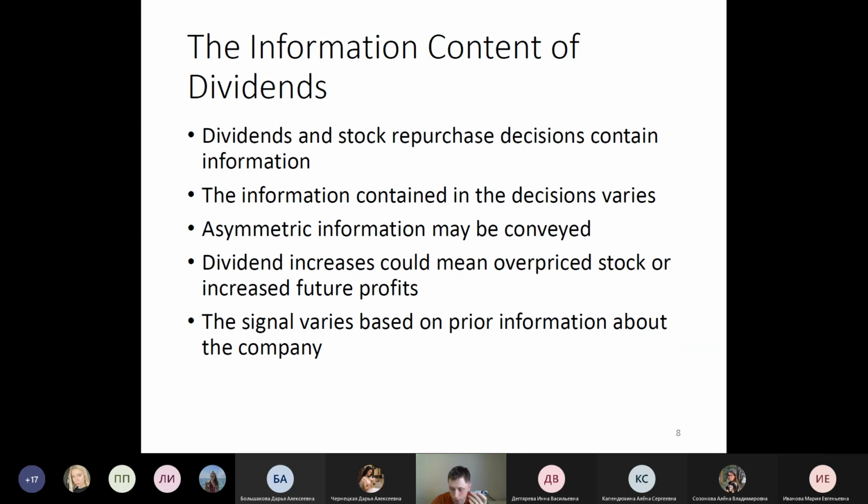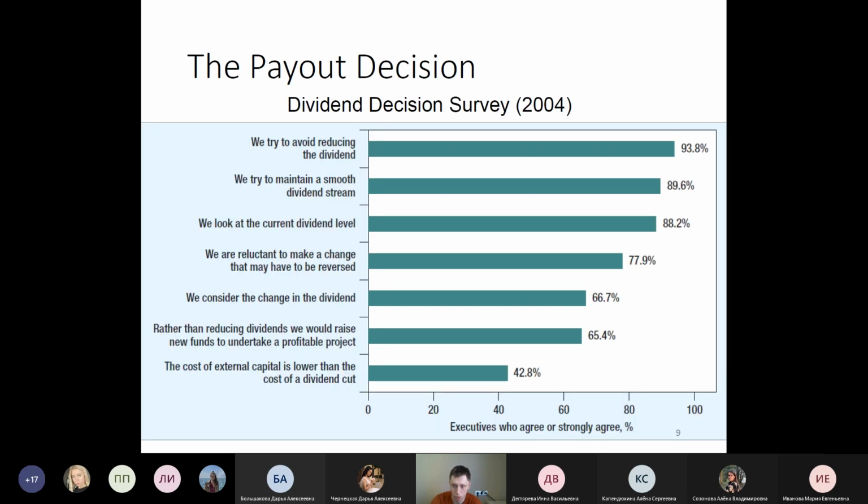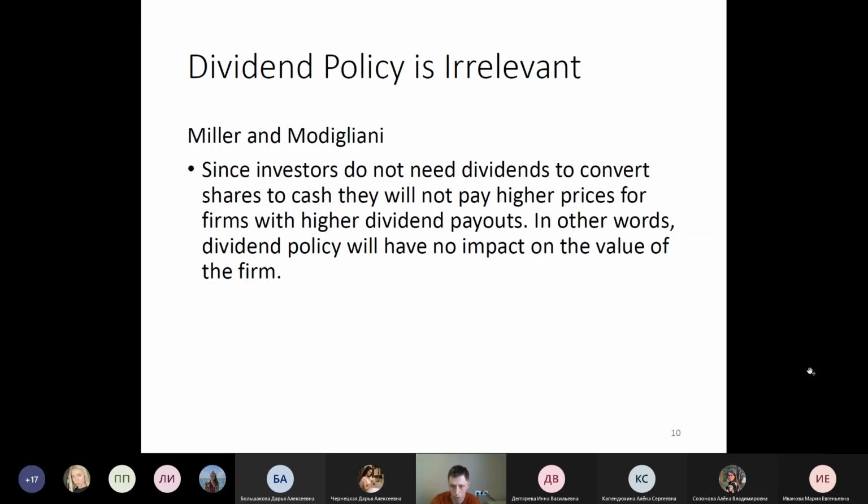A company makes a decision about the dividend by considering multiple factors, not only how much money is available, but whether it will be able to sustain that level of dividend, because dividends themselves have information content, so they send a signal to the investors as well.